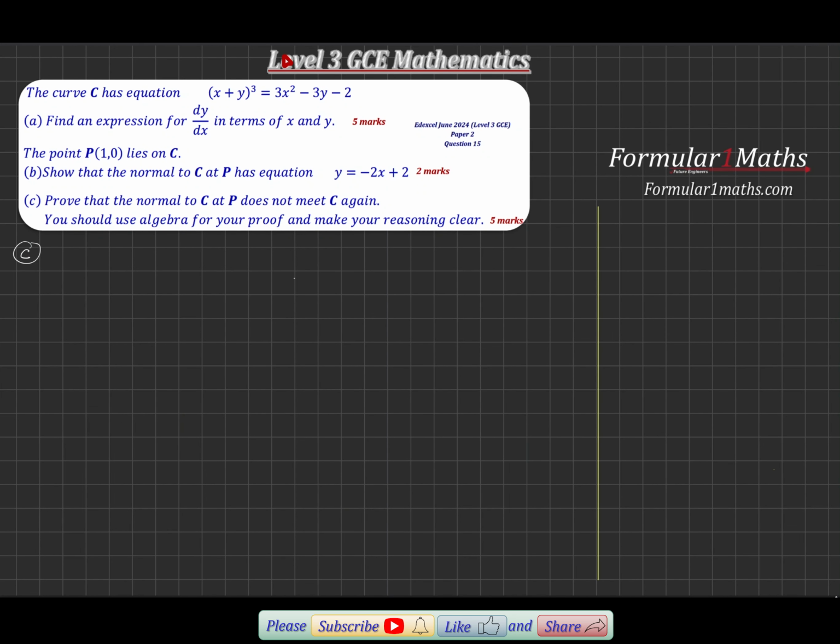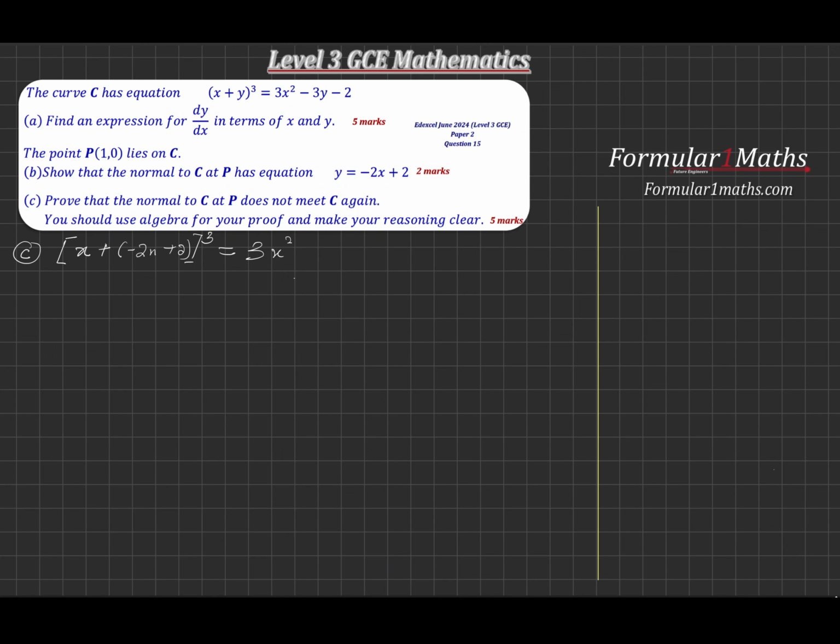So if I do that, I'm going to get x plus y, which is now minus 2x plus 2, all of that cubed, equals 3x squared on the right hand side, minus 3 brackets, minus 2x plus 2, which is this one here, and then minus 2.